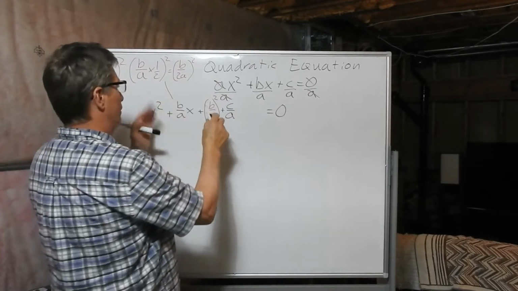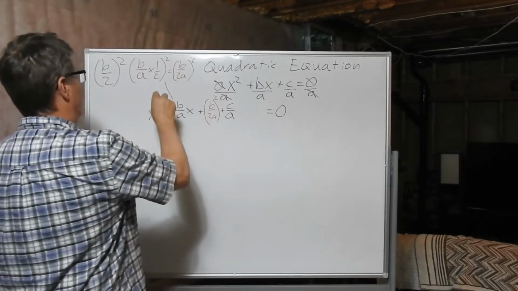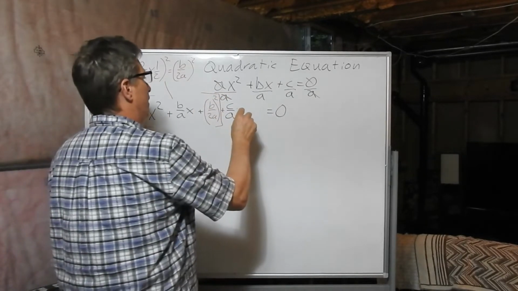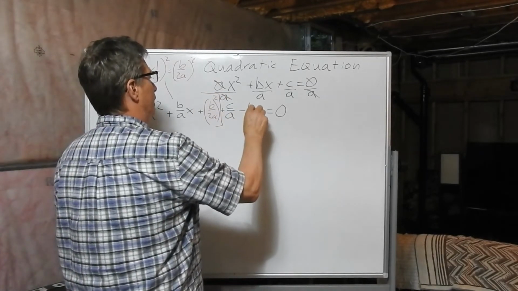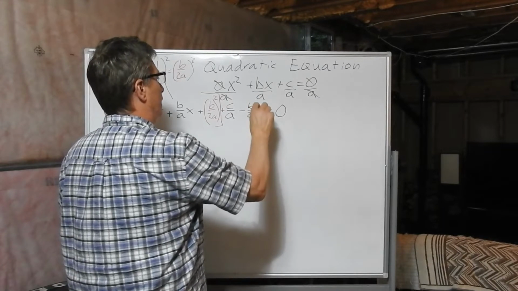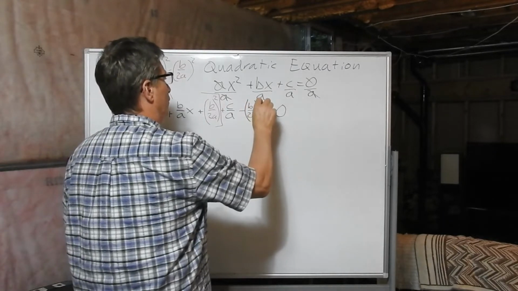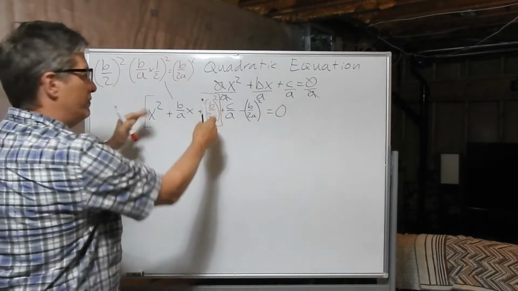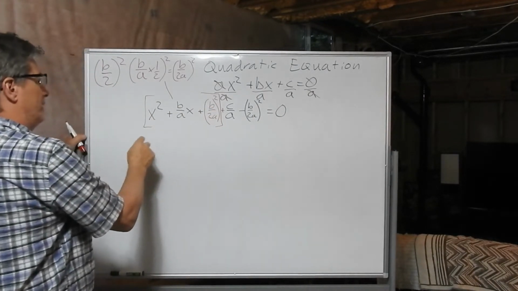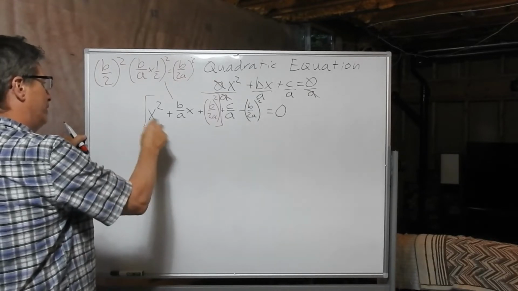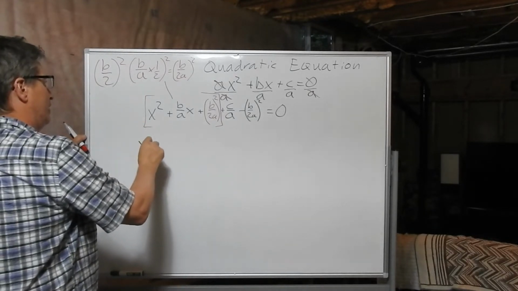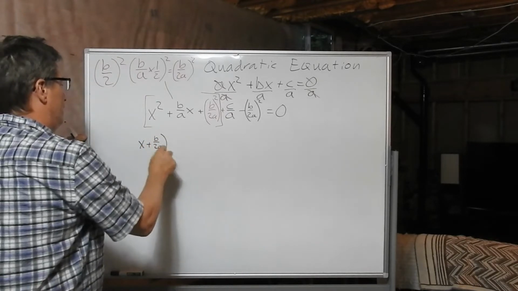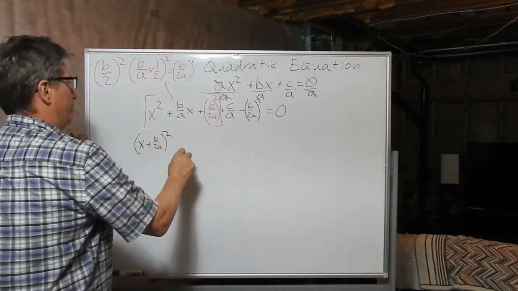And then, of course, since we're adding that into the equation, we have to subtract it, to keep the equation balanced. We added and subtracted the same thing. So now this gives us a real square: x plus b over 2a, in brackets, squared.